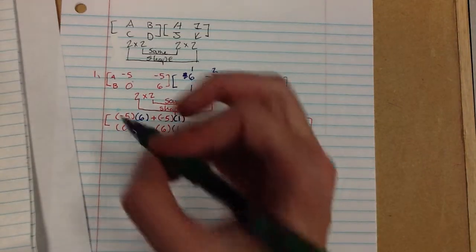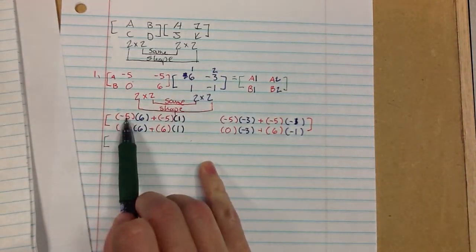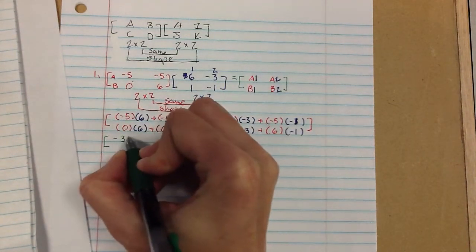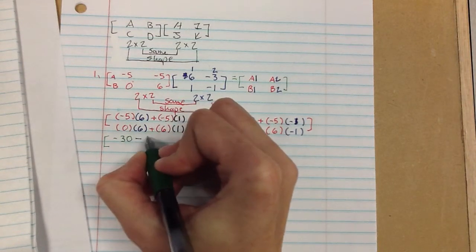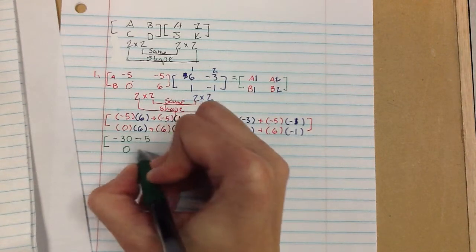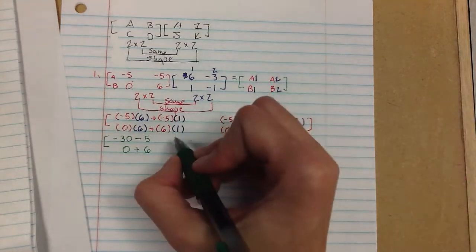Now we're going to multiply stuff together. Negative 5 times 6. Negative 30. And negative 5 times 1. 0 times 6. 6 times 1. Negative 5 times negative 3. 15.